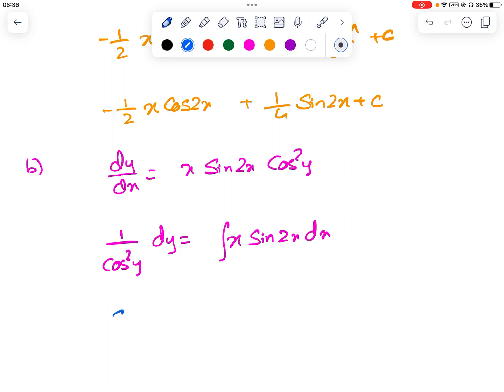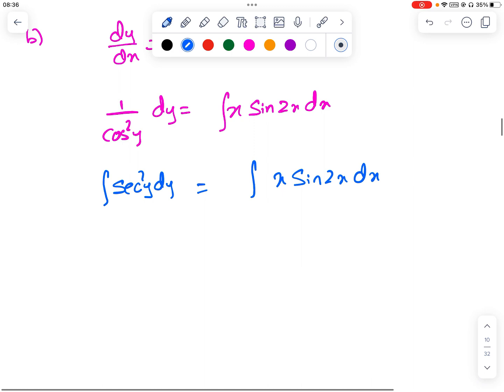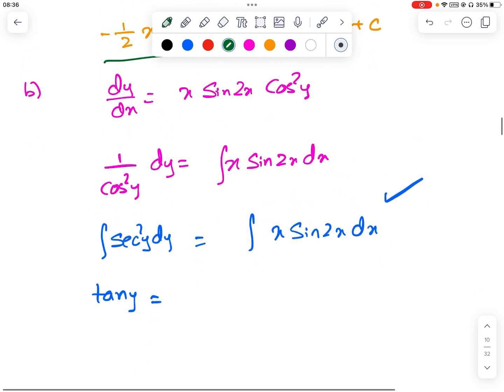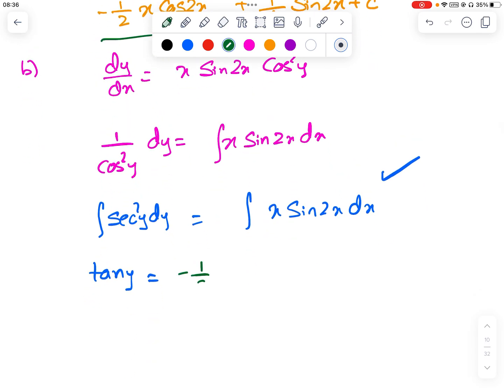So 1 upon cos square y is secant square y dy. Integral of x sine 2x dx. Secant square y integral is tan y. And this is from part 1, which was minus 1 upon 2 x cos 2x plus 1 upon 4 sine 2x plus c.